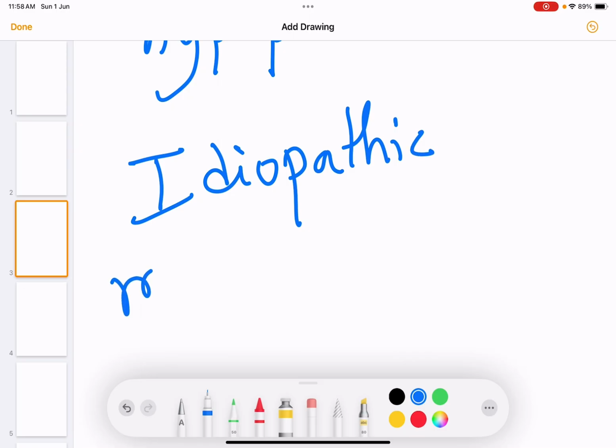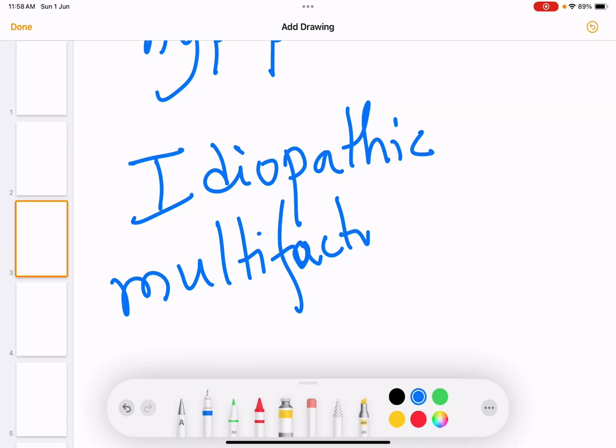However, it is also said to have a multifactorial origin. So what are the different factors involved? Aging, toxins, genetic makeup of an individual, environmental factors, glutamate induced excitotoxicity.